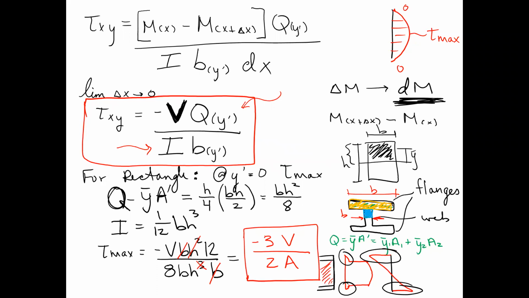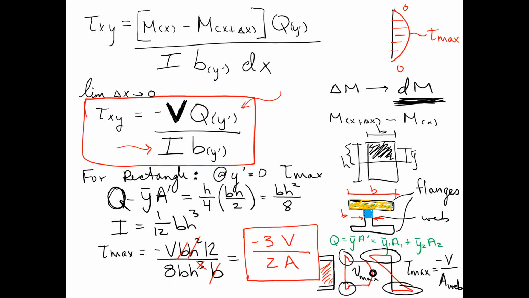All right, so our web needs to be designed for this maximum shear stress, which we can get by calculating negative VQ over IB. And when you calculate that out, coincidentally, it's approximately equal to negative V over the area of the web.